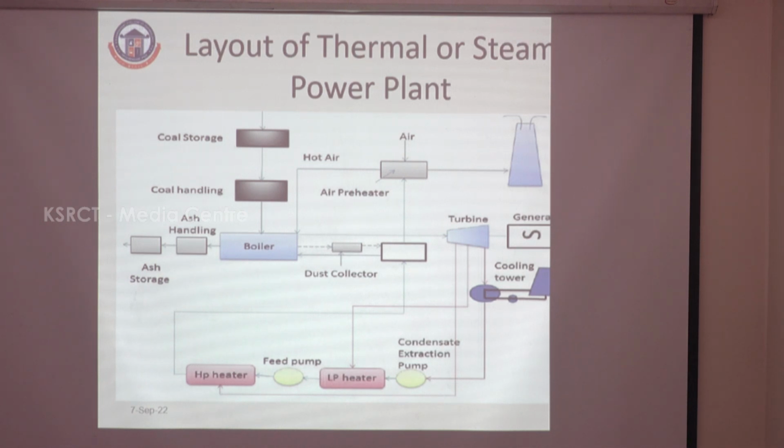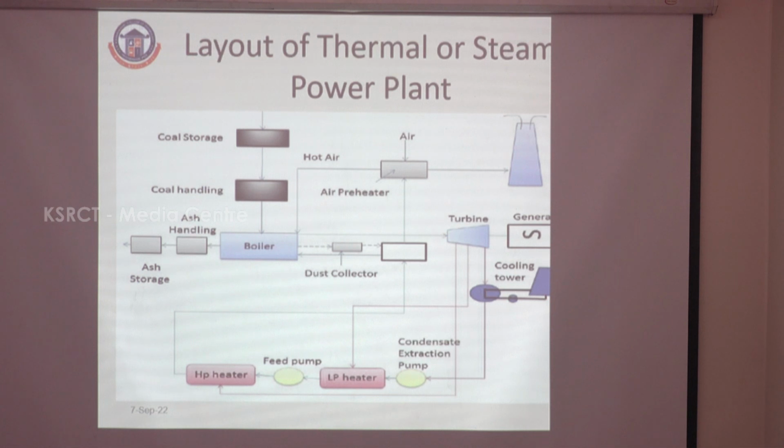Where sufficient quantity of water is not available, the closed cycle type of cooling tower will be used. Suppose at a particular area a large quantity of water is available, then the open type cooling tower is used. In our diagram, the closed type of cooling tower is used.